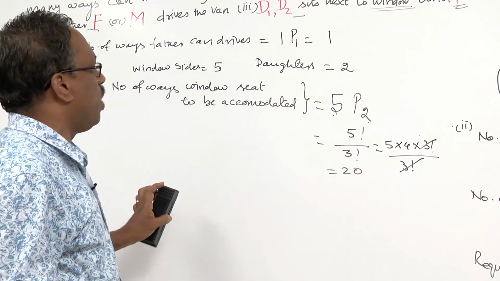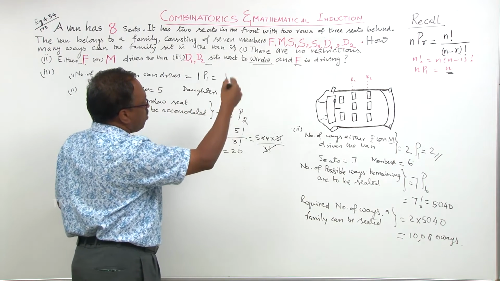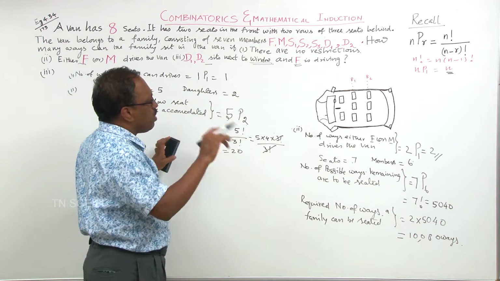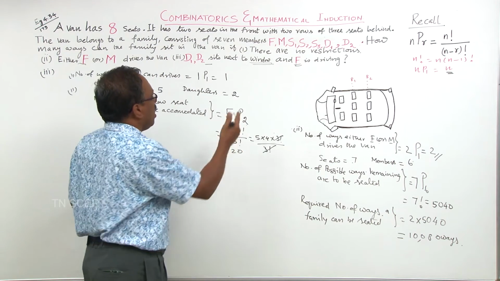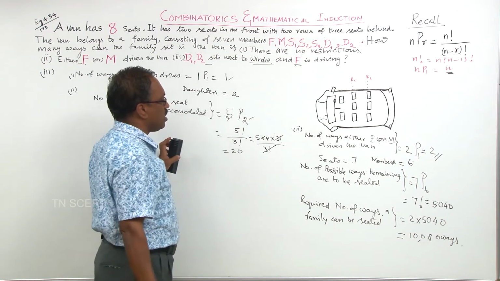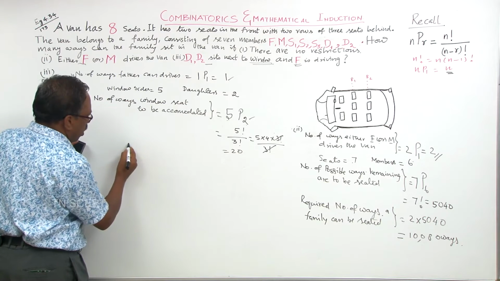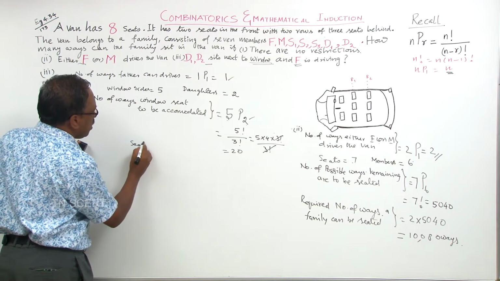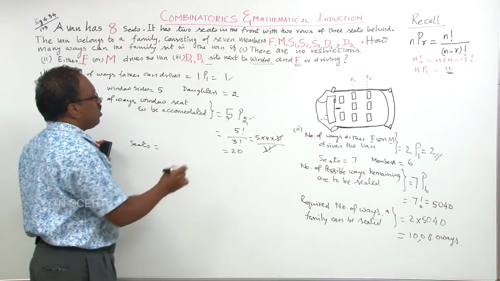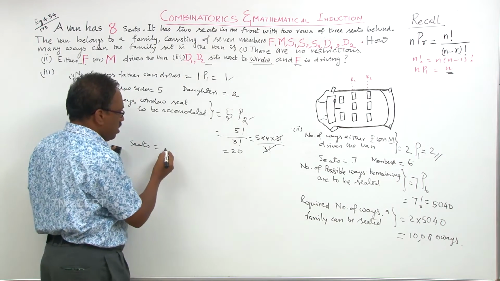That's okay. Next one, the last condition. So both have to be mixed up. The remaining members also are to be seated. See here, father is seated and the daughters are seated, and the remaining members also are to be accommodated. So how many seats are vacant? Already 2 daughters and 1 father are placed.